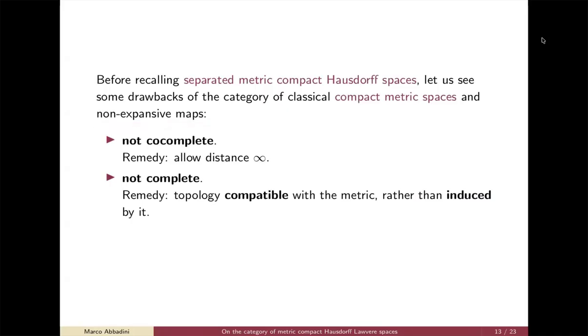There is not even a coproduct of two singletons. And the remedy here is to allow the distance infinity. And it's not complete as well. And here the remedy is to allow the topology to be just compatible with the metric rather than induced by it.